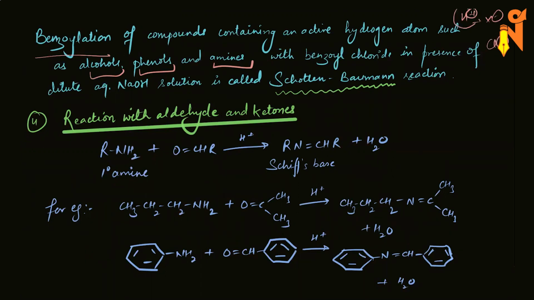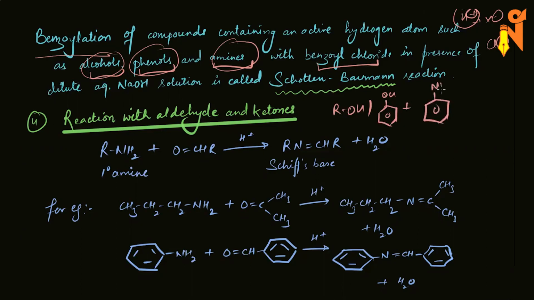Any active hydrogen present in alcohols, phenols and amines, when reacting with benzoyl chloride, basically ROH, or benzene with OH, or aniline. In all three cases, you have active hydrogen. This is active hydrogen, this is active hydrogen, and here is one active hydrogen which can come out and make the bond with X minus to give you HX.